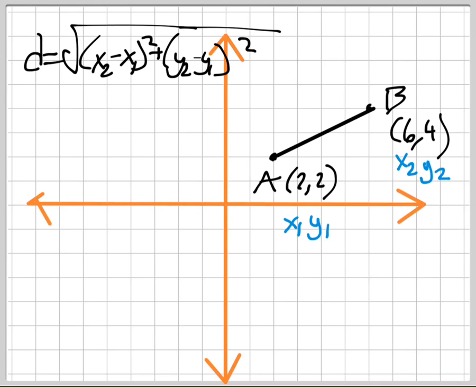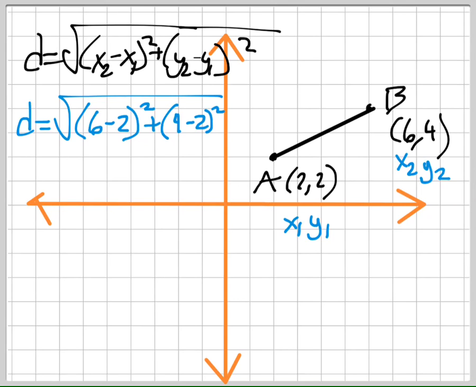Okay? So all I'm going to do here is plug these into my formula. Distance equals square root. It says take the second x-coordinate, which what did I call the second x-coordinate? 6, minus the first x-coordinate, which was 2, squared, plus the second y-coordinate, which was 4, minus the first y-coordinate, which was 2, square that. Okay?